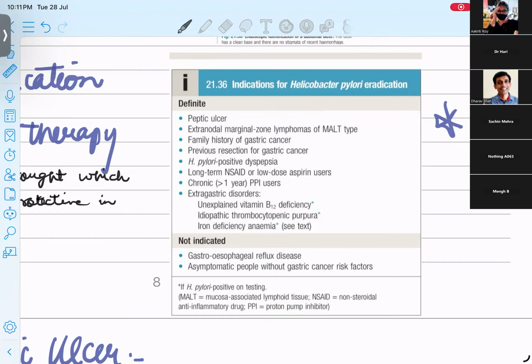So we all have to consider H. pylori eradication. It is not indicated in GERD and asymptomatic people without gastric cancer risk factors.